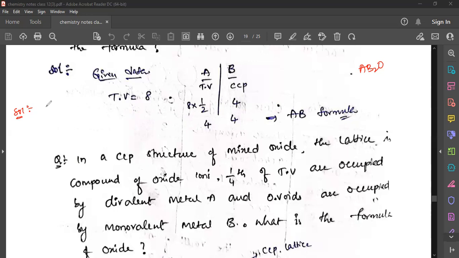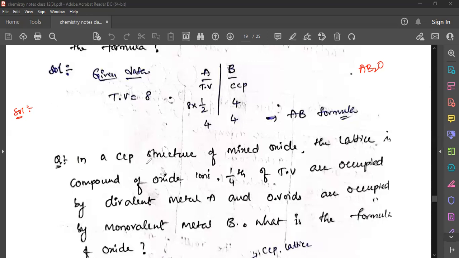So in the CCP structure of mixed oxide, the lattice of the compound is of oxide ions. 1/4 of the tetrahedral voids are occupied with divalent metal atom A, and the octahedral voids are occupied with monovalent metal atom B. What is the formula of the oxide?